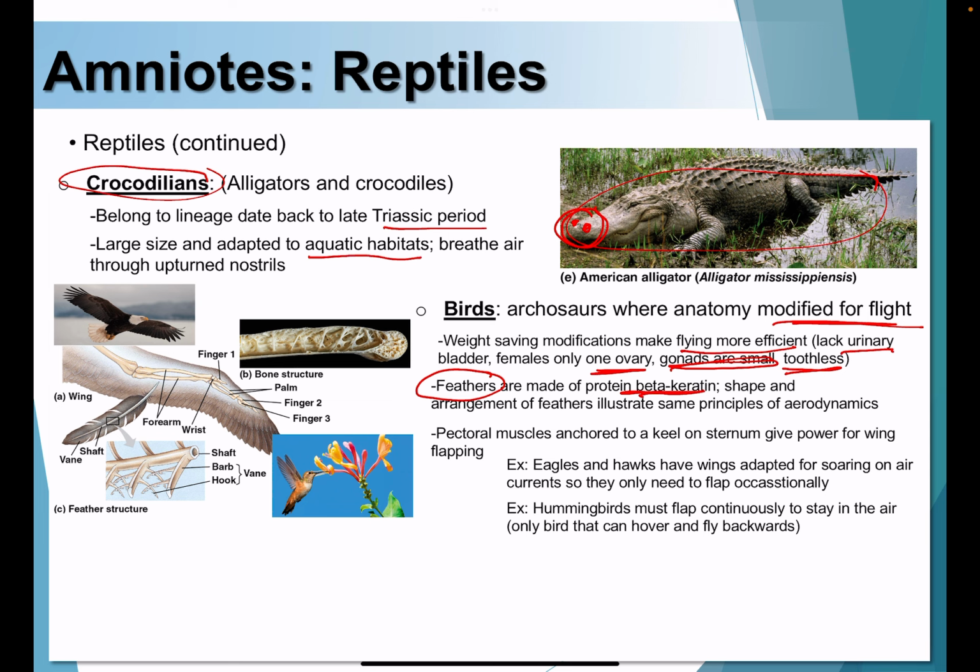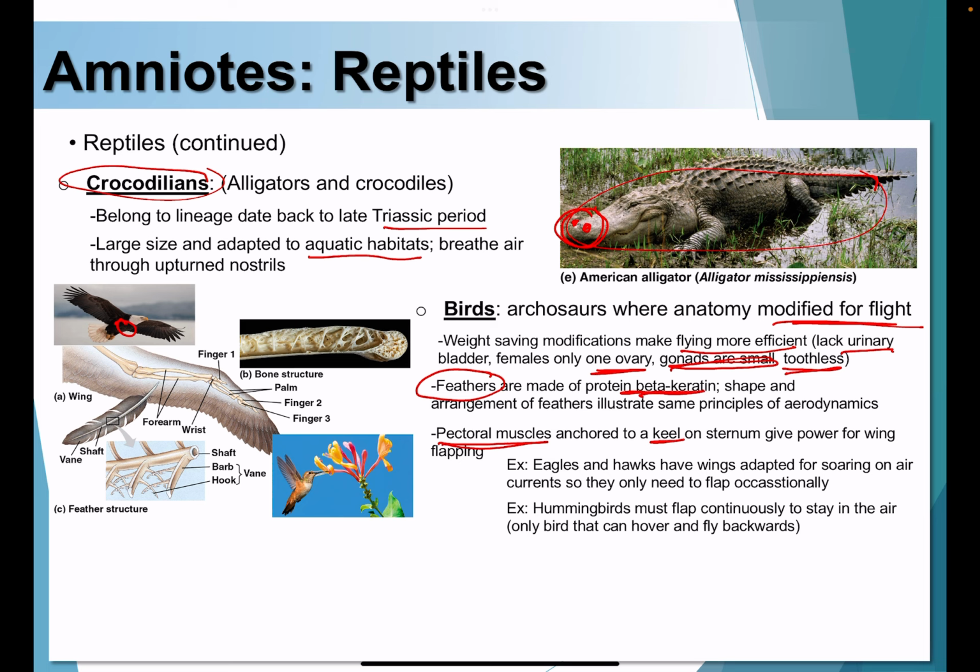Okay. And then you have large pectoral muscles on the bird's body, which is on the chest area right there. Pectoral means the chest, and it is anchored to a keel on the sternum that gives very strong power for flapping the wings.